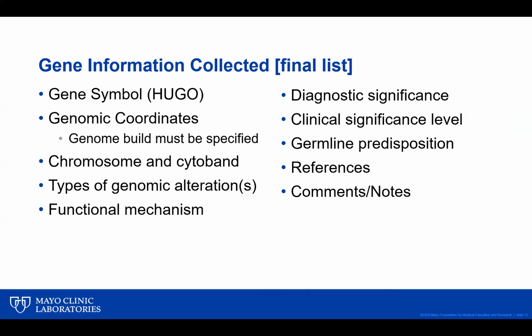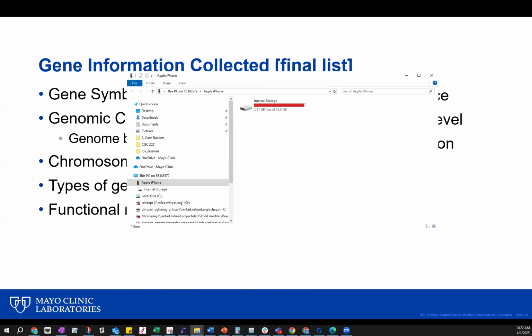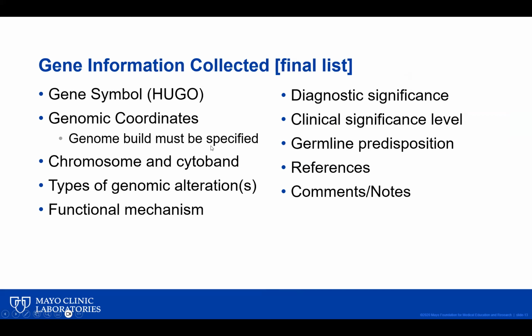So we did collect a lot of different information. My apologies for this. Some of this information included the HUGO gene symbol, genomic coordinates with a genome build specified, of course. For our purposes in this project, we collected genomic coordinates in both HG19 and HG38, both chromosome and cytoband for those who are doing chromosomal microarray or cytogenetic studies.